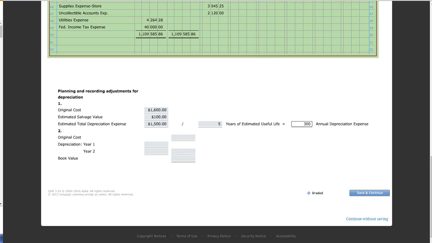It's fun. So number 2, we have to calculate the book value of our computer printer at the end of the second year of service. So we have to put in our original cost of $1,600. How much is it depreciating year 1? 300. How much are you depreciating year 2? 300.